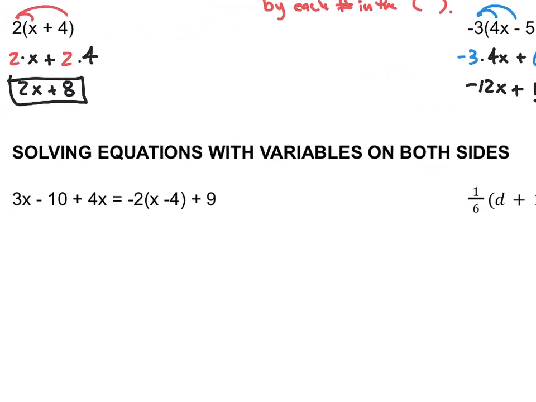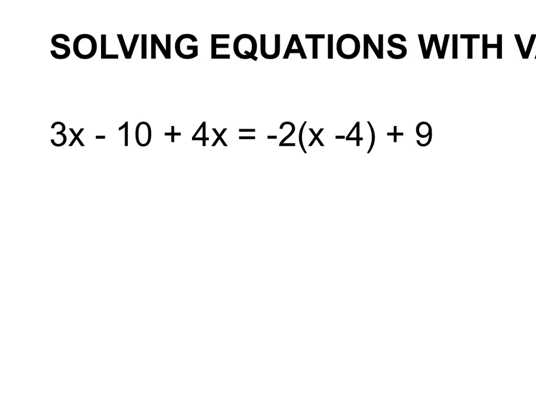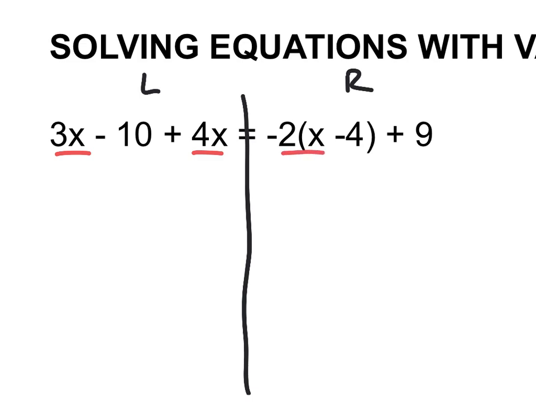Now, what I want to do is provide an example where we are solving equations with variables on both sides. What that means is that, if I draw a line down the middle of my equation here, I have a left side and I have a right side. And I want you to notice that you've got variable terms on the left side and you have variable terms on the right, okay?